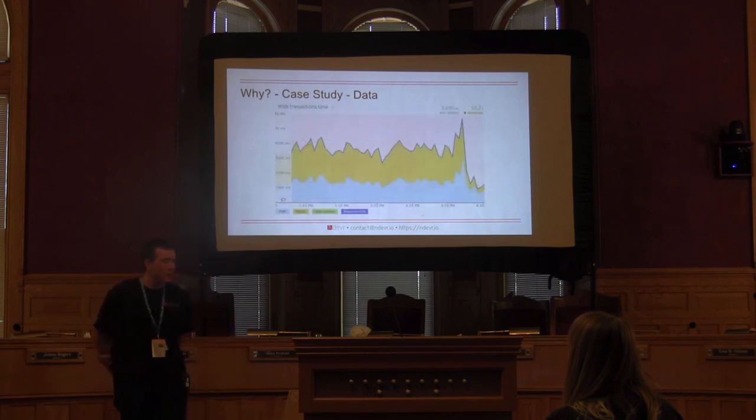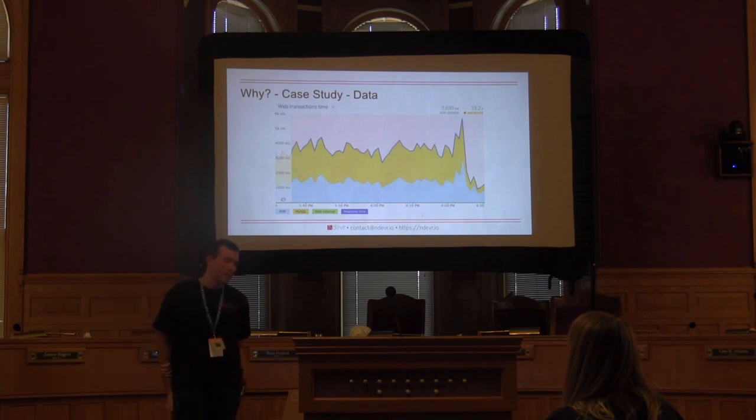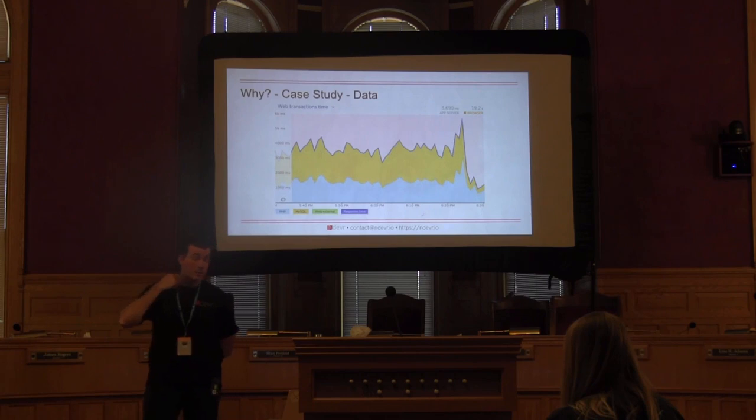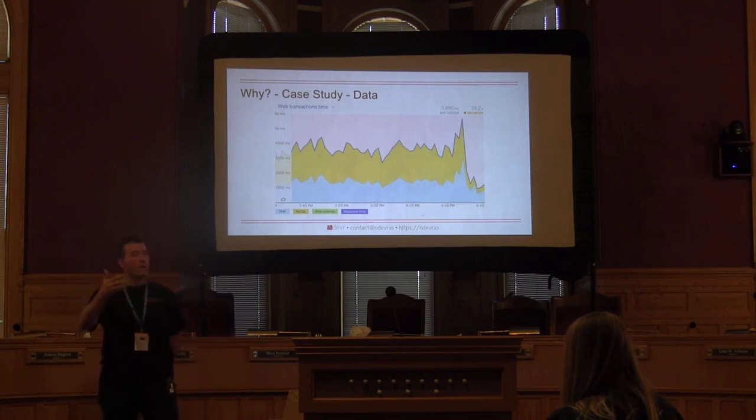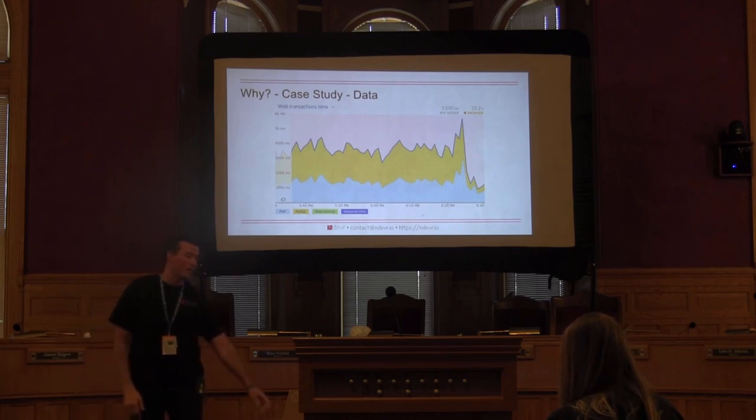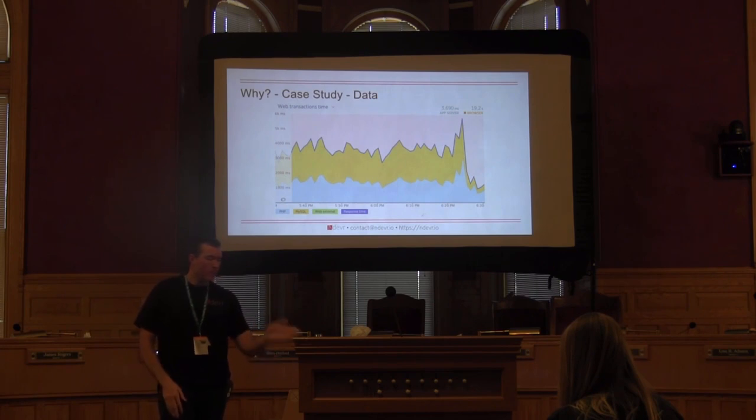Just another graph. This graph is actually showing web transaction times, so front end. New Relic will install some JavaScript to the front end and monitor real-time traffic and tell you how slow or fast your site is, and monitor it over the course of a long period of time, if you like. Again, this is just showing the one immediate change, actually dropping it quite a bit.